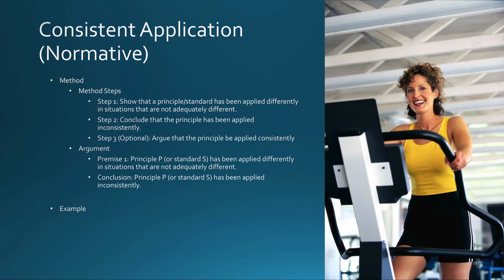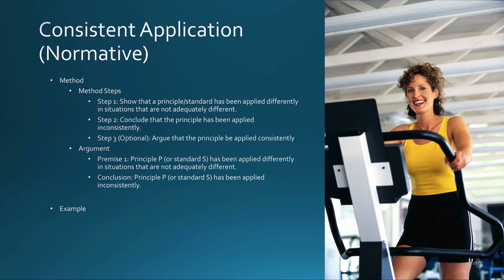The methodology is this. The first step is to show that a principle, standard, rule, etc. has been applied differently in situations that are not adequately different. Second step, conclude from this that the principle has been applied inconsistently. And a third optional step is to argue that the principle should be applied consistently.